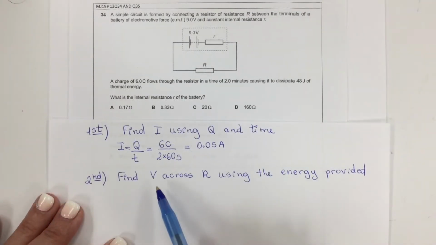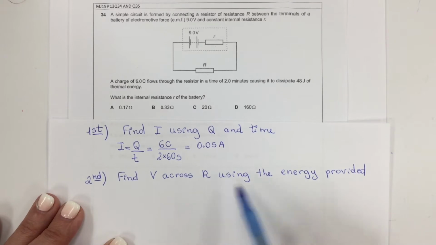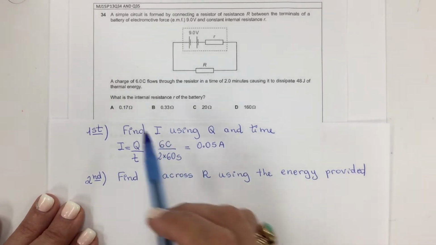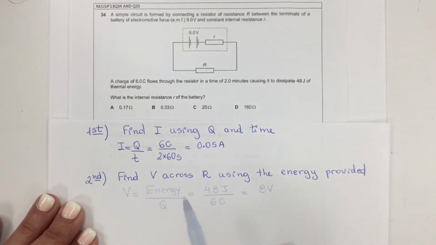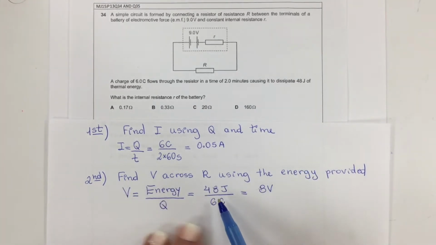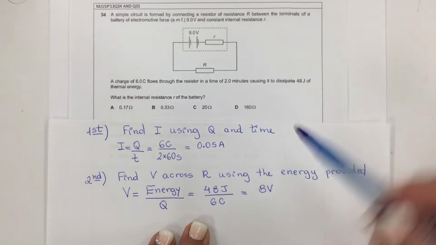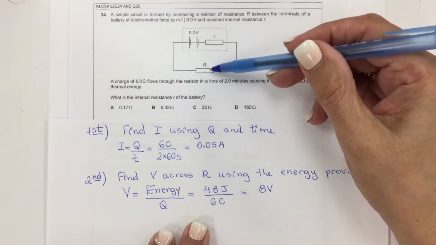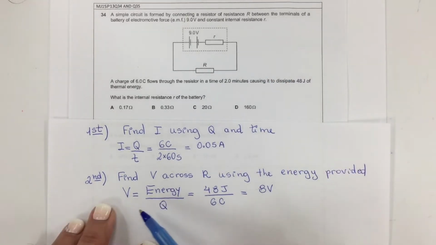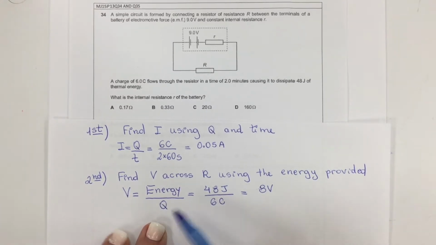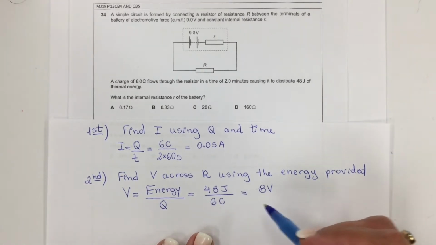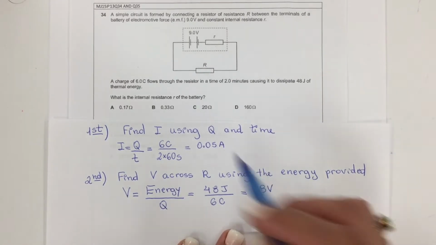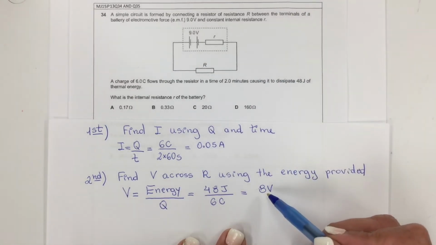I can find the voltage across the big resistor using the energy provided, which is 48 joules that is dissipated in this resistor. One of the formulas for voltage is energy over charge. So I have this energy, I have this charge, and the voltage across this resistor is 8 volts.